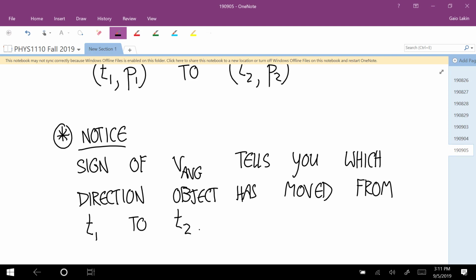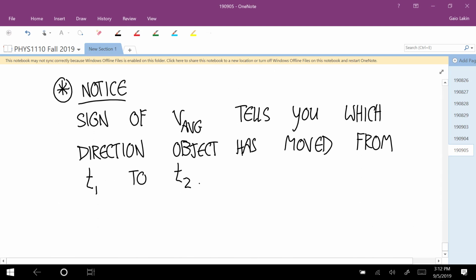Velocity, whether it's positive or negative, tells you the direction that you're moving. It's easy in 1D because you only have those two possible directions. And so we can do it all with positive and negative. When we get to 2D, we're going to have to do it using these things called vectors because you have so many more choices, infinitely many choices of where to go.